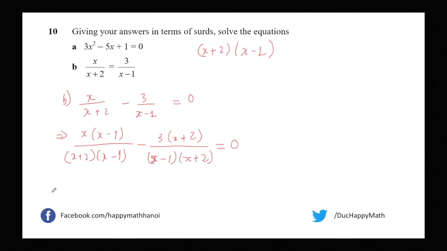Equal to 0. After that, we get the numerator has to be equal to 0, because this is a fraction equation. The denominator cannot be equal to 0, so the numerator has to be equal to 0.